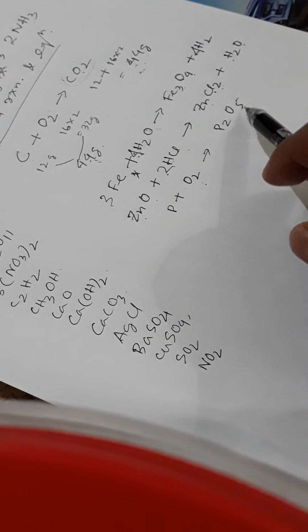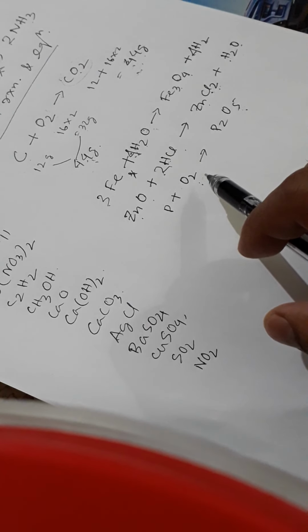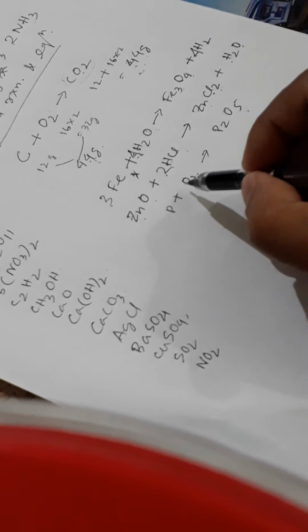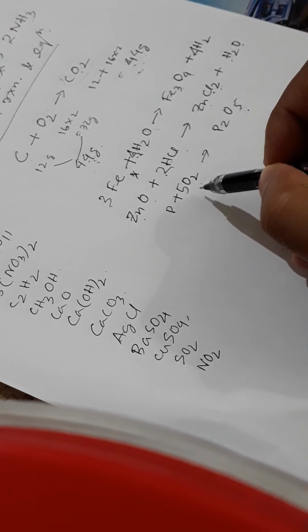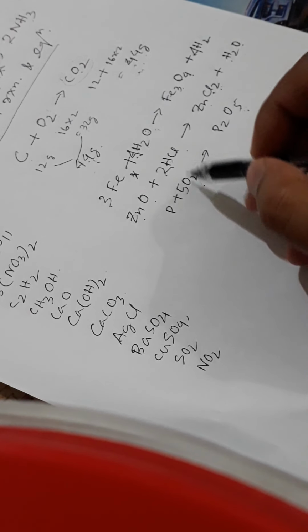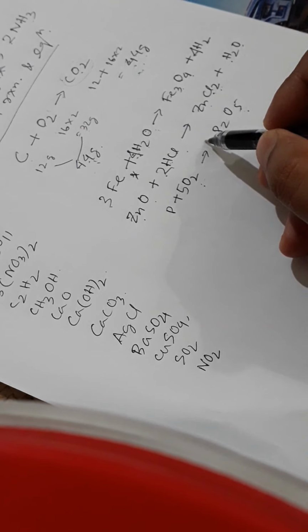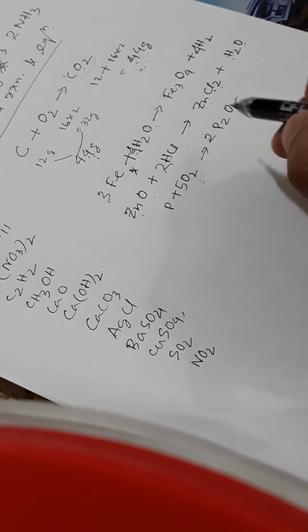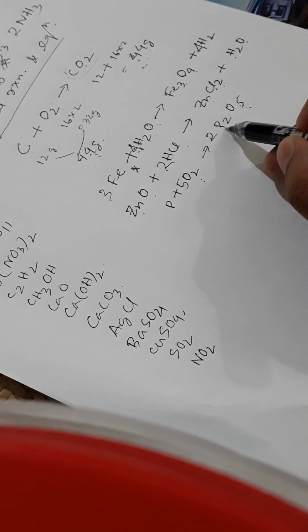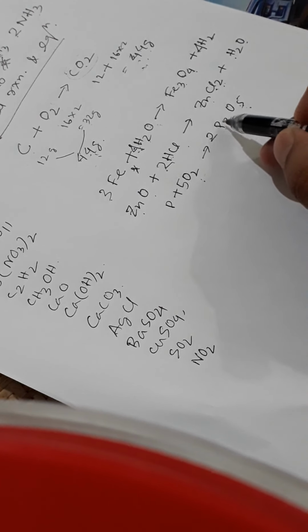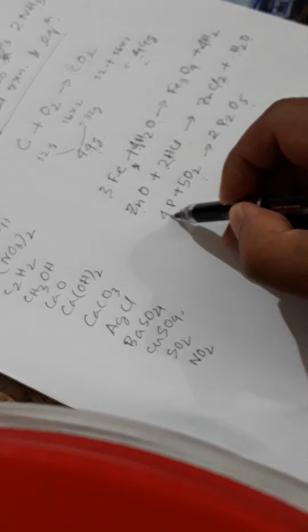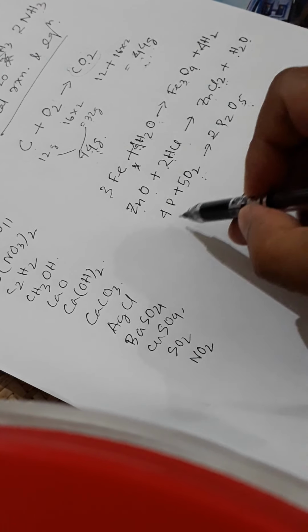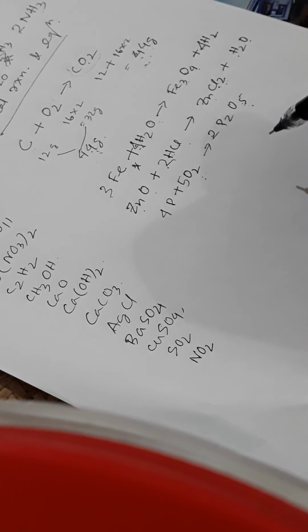You just take the LCM of these two numbers. 5 and 2, LCM means 10. So just put 5 before O2, it becomes 10, and then 2 over here, so that oxygen becomes 10. At the same time, phosphorus is 2 to 4, so you put 4 over here, and thus you can see the equation is perfectly balanced.